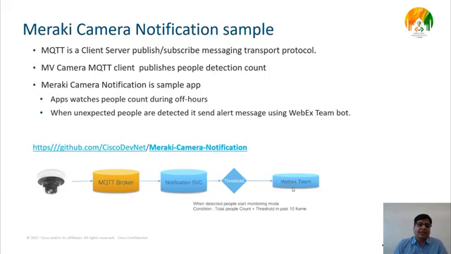Another simple application that we have built is based on MQTT message queue. This is a notification and alerting system. This application watches the MQTT broker for a set of cameras, and it gets activated during off hours.